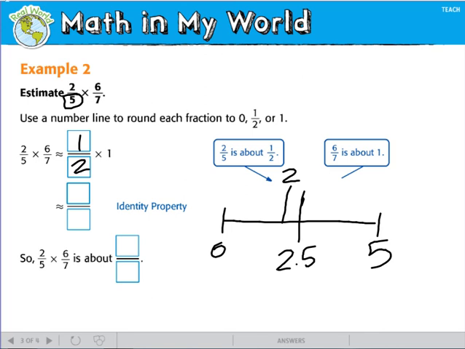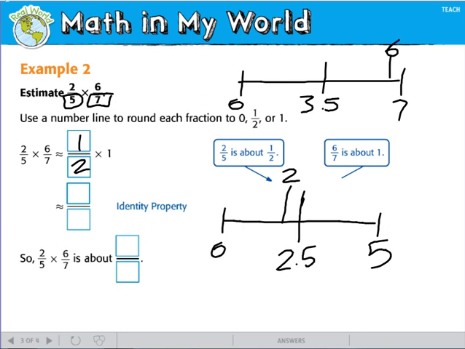Then we take our other number line. I'm sorry, not 6, it's 7, right? So 7 is our other denominator. If we have 0 and 7, what's half of 7? 3.5.